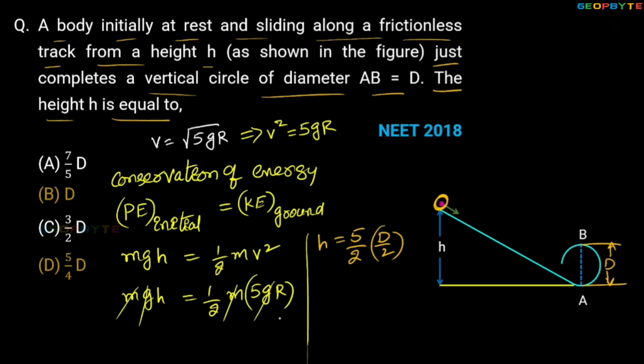Then h equal to 5 by 4 D, that is the height of the particle before it starts sliding down. So it is asking the height of the particle equal to 5 by 4 into D. Option D is absolutely correct. Understood clearly? Simple problem.